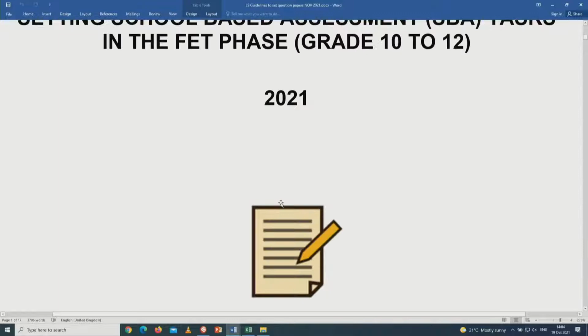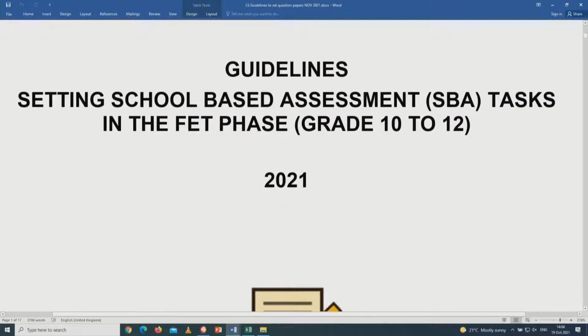Before I go there, remember, the departments of all the provinces received a circular last week in the middle of October that describes the end of year criteria for writing final papers in grade 10 and grade 11. We received the circular from National.